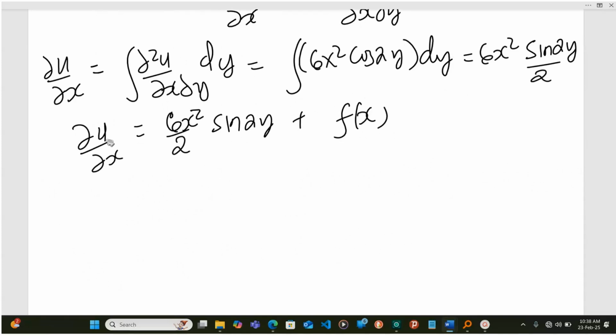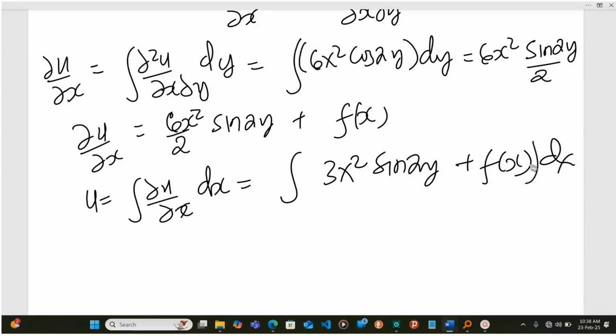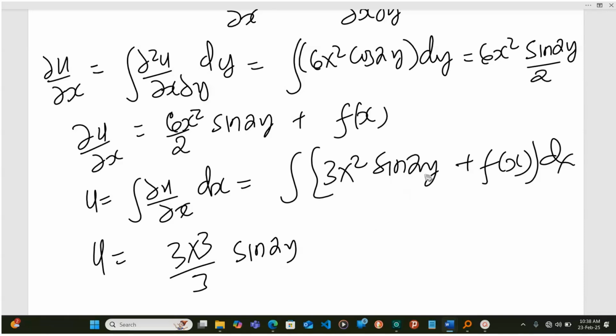So we partially integrate this again, and u will be integrating del u, del x with respect to x, which will equal integrating 3x squared sine 2y plus f of x with respect to x. So what does that mean? u is going to be 3x cubed out of 3 sine 2y, because we are integrating with respect to x.